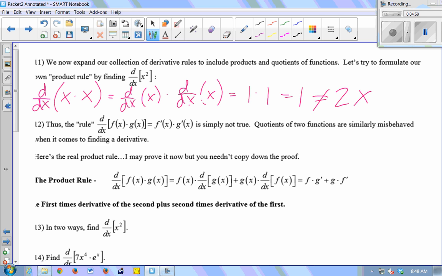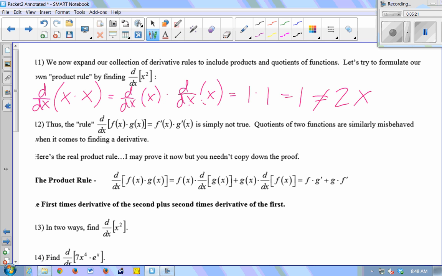So I can't do that. So the rule d dx of f of x times g of x, if you want to take the derivative of a product of two functions, is not just f prime times g prime. It's just not true. Quotients of two functions are similarly misbehaved when it comes to finding a derivative.